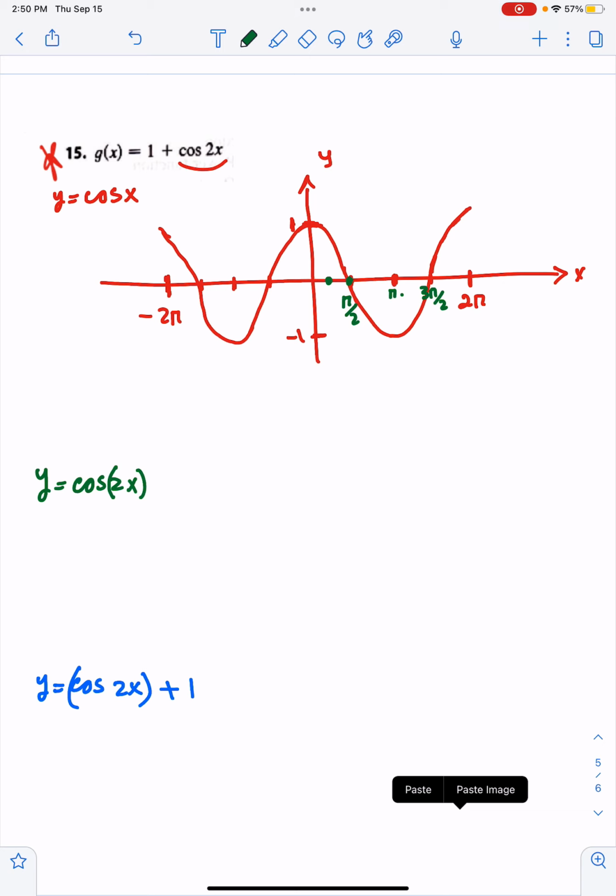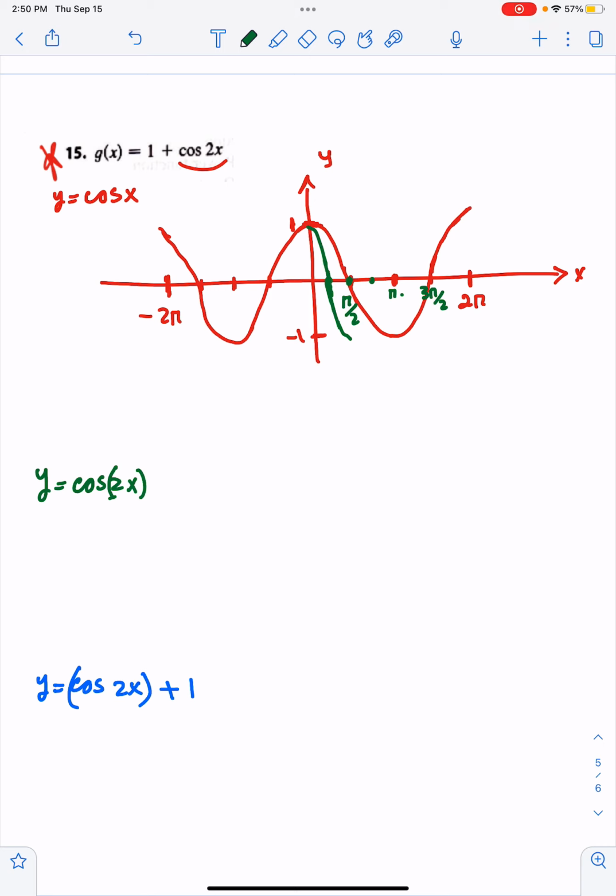So your graph would start here, it would go down, then at pi over 2 you would have the -1. If you tested, you would see that cosine of 2 times pi over 2, which is cosine of pi, is -1. So you are at -1.